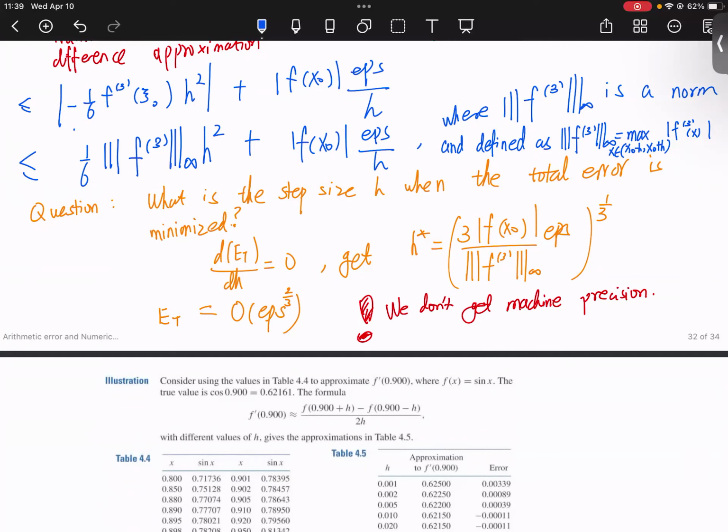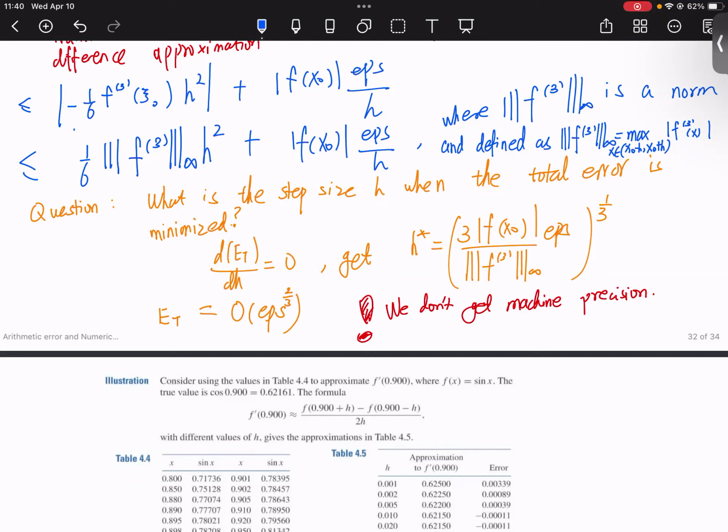But when you apply the finite difference formula to approximate the derivative, these are the errors for the derivative terms, and we cannot achieve the machine precision. If this is machine precision, then this order here should be 1. But here we have only the machine precision to the 2/3.